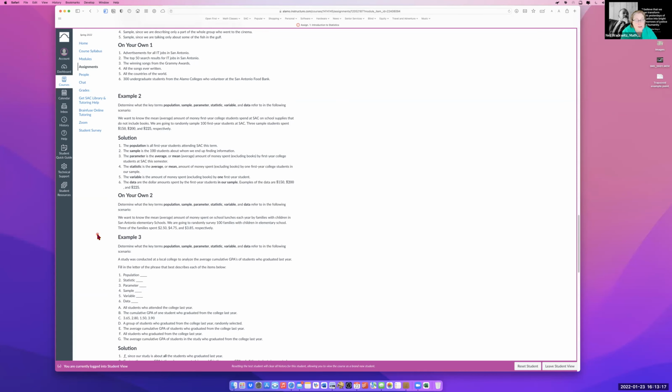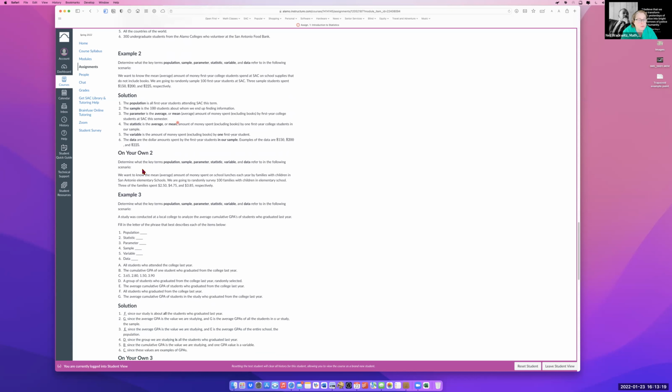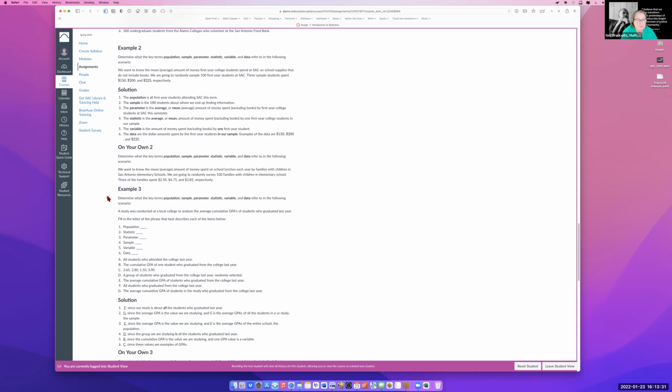Well, let's do this one. So we want to identify in this blurb, what is the population? What is the sample? What is the parameter? What is a statistic? What is a variable? And what is the data? We want to know the average amount of money spent on school lunches each year by families with children in San Antonio area schools.